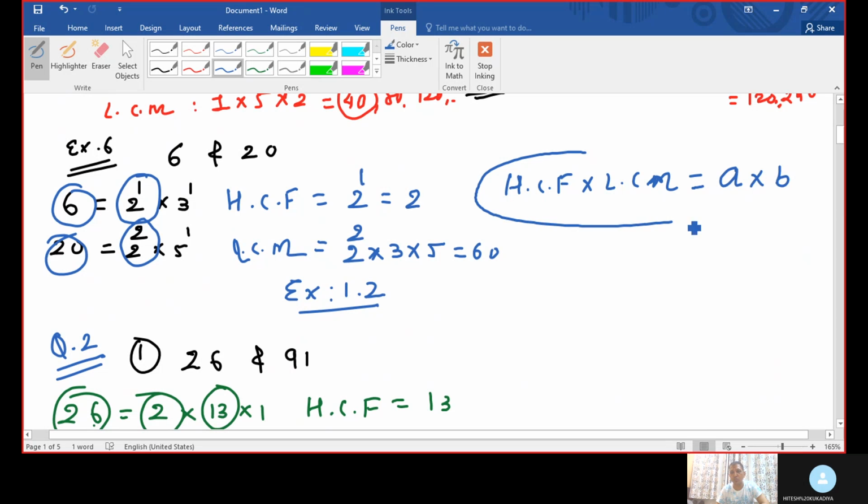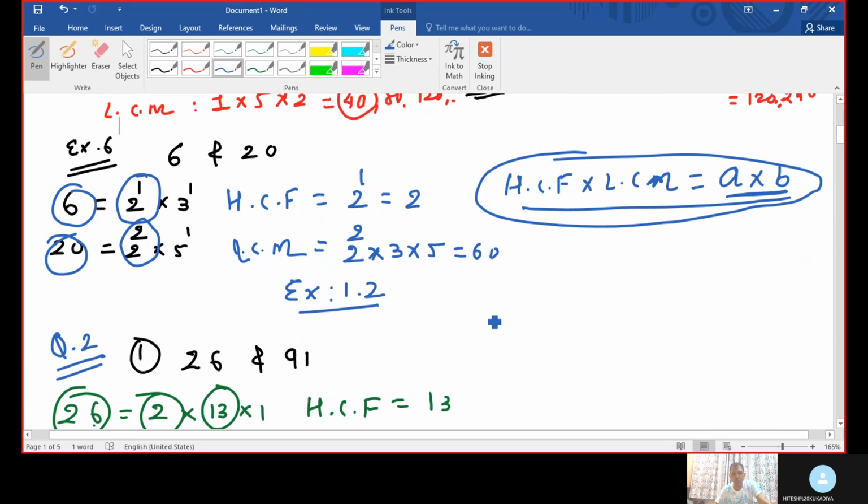This is the most important result. HCF into LCM equals the product of these 2 numbers, A equal to the first number, B equal to the second number. This result can be verified only for 2 numbers. When in our question we find HCF and LCM and only 2 numbers are given, you can verify this result. Not more than 2 numbers.